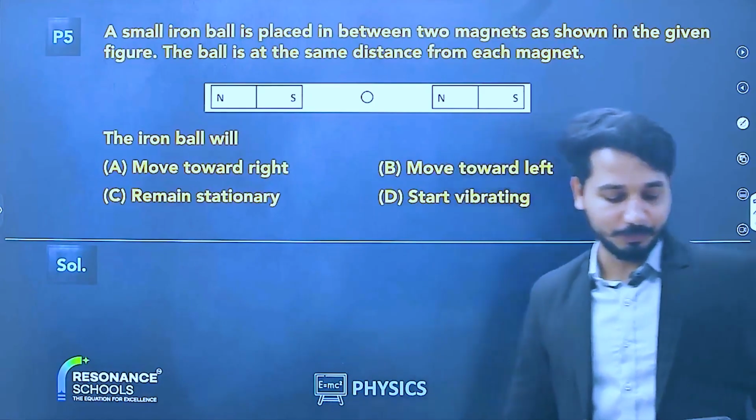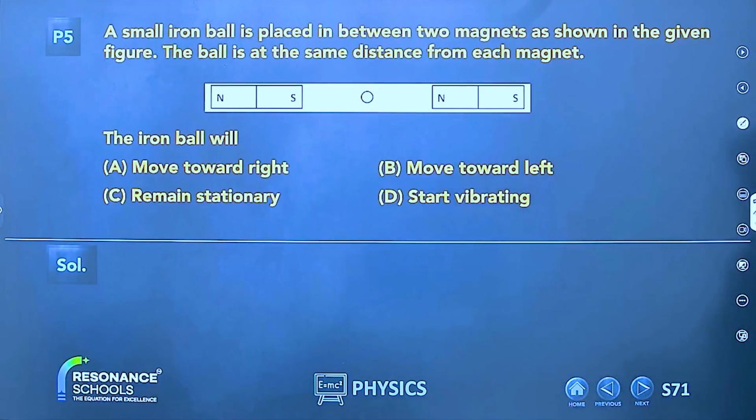I am receiving some mixed type of answers now. Some of you are saying option D, some of you are saying option A.